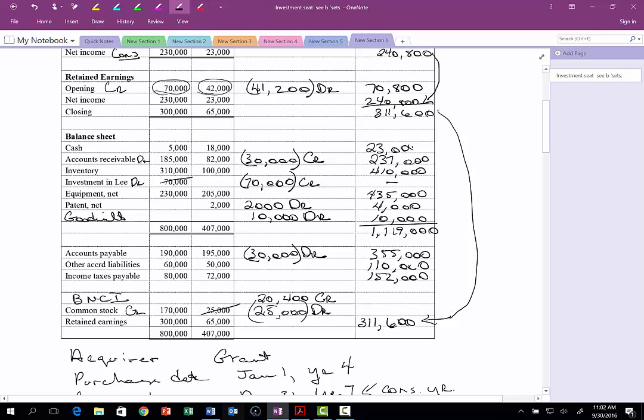So we're just adding across, except of course for the accounts payable where we have to take out the 30,000 debit. NCI is 20,400. And finally, common stock, all that's left is the parent's at 170,000. That should add up to 1,119,000. Okay?